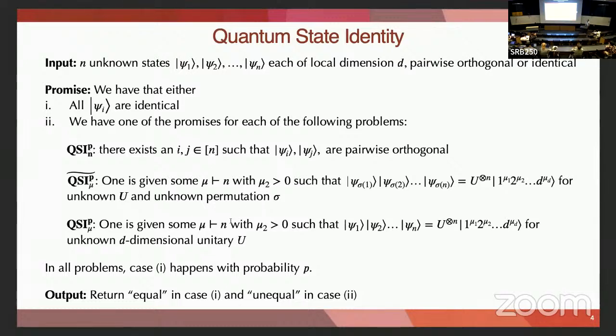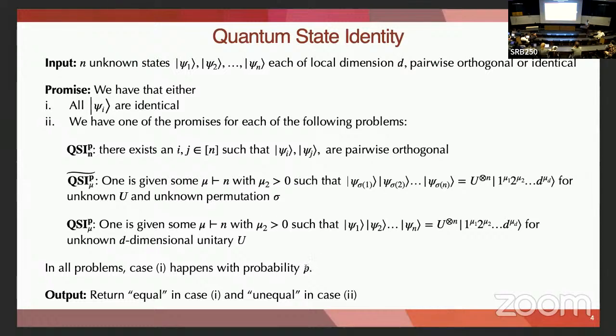And finally, maybe the strongest assumption we may have for this work is that we are given this input state in the tensor product form, and we don't know the basis, but we know the order in which they are given to us. In all of those three cases, we always assume that case one happens with probability p.